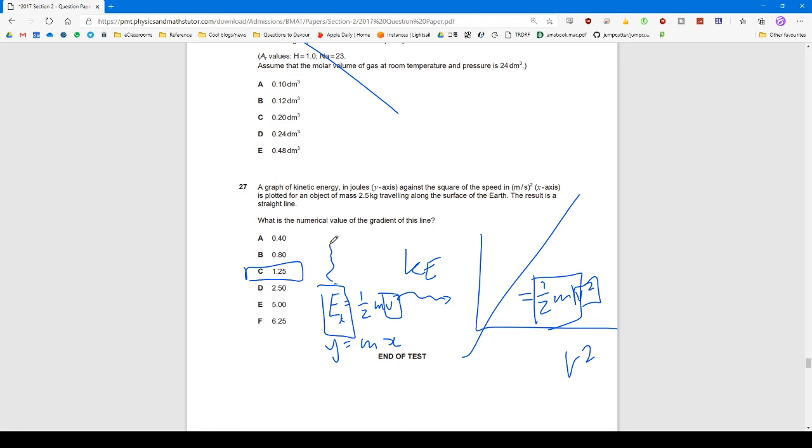And you're left with this gradient half m, which you can easily calculate from the value of 2.5. So my advice for this question, remember the formula, and you want it in terms of y is mx. So imagine the y term and the x term just floating away, and you're left with the gradient. Not very scientific, but it works to visualize.